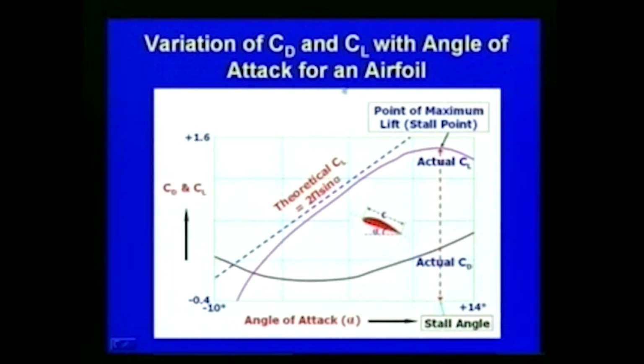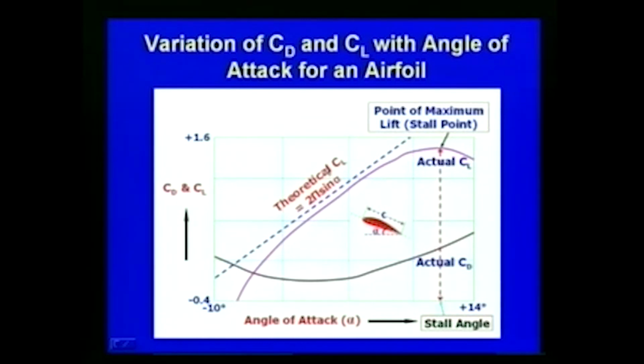Now, through experiments, we can conduct various experiments in the laboratory and observe the effect of the angle of attack, for example, in the case of an airfoil. If you plot the angle of attack on the x axis, and the coefficient of drag and coefficient of lift on the y axis, then as far as coefficient of lift is concerned, starting from this value, it keeps on increasing.